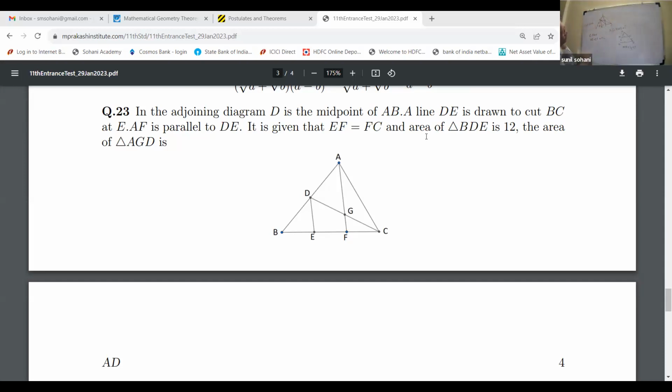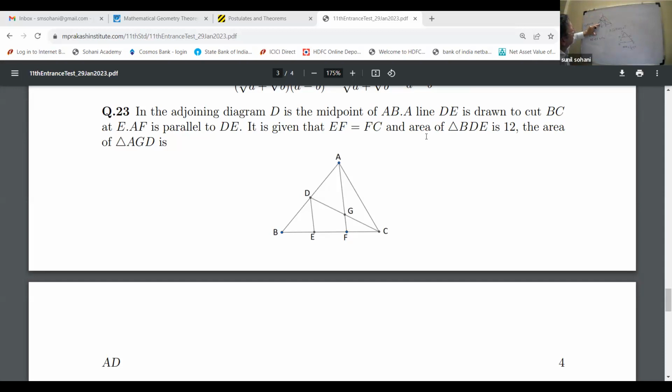This is G. Now, if you look carefully, the three triangles are having the same upper vertex: base BE, upper vertex D, base EF, upper vertex same D, base FC, upper vertex same D.